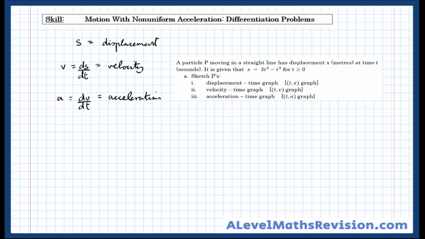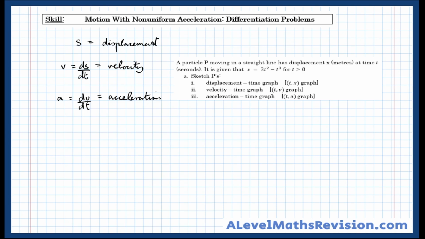This question says a particle P moving in a straight line has a displacement x meters at time t seconds. Now notice that it says x for displacement rather than s. That's common practice, to use either s or x for displacement. It's given that the displacement x is 3t squared minus t cubed for t greater than or equal to 0.